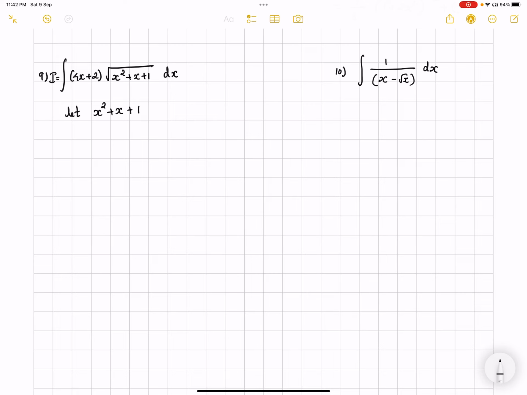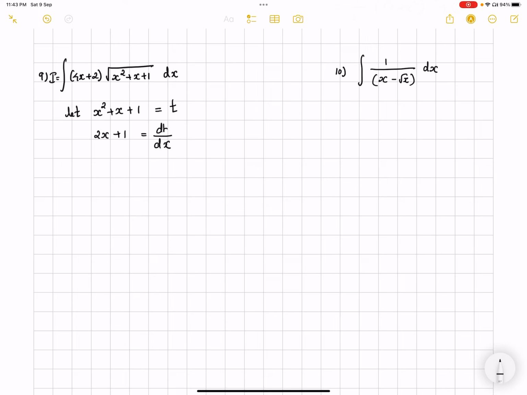Which one, when I differentiate, gives the other part of my question. That works always. Okay. So now if I consider this to be equal to t, then when I differentiate both sides with respect to x, I get 2x plus 1 is equal to dt divided by dx. Okay, now your mind would be saying that I don't have anything like 2x plus 1. So it is there, but it is hidden.